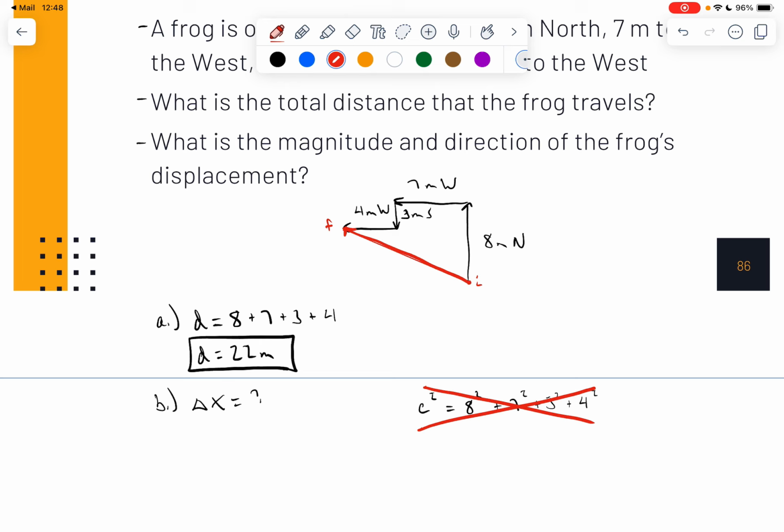So what we have to do is combine what we call our x direction, or x-axis, as well as our y direction, or y-axis. So if we think along our x-axis, that's basically our line going east and west.